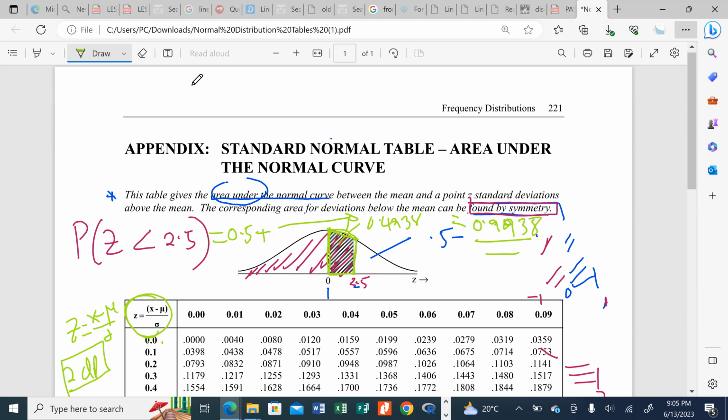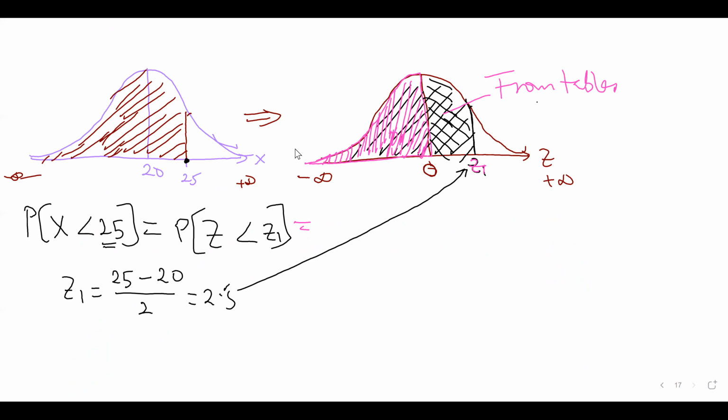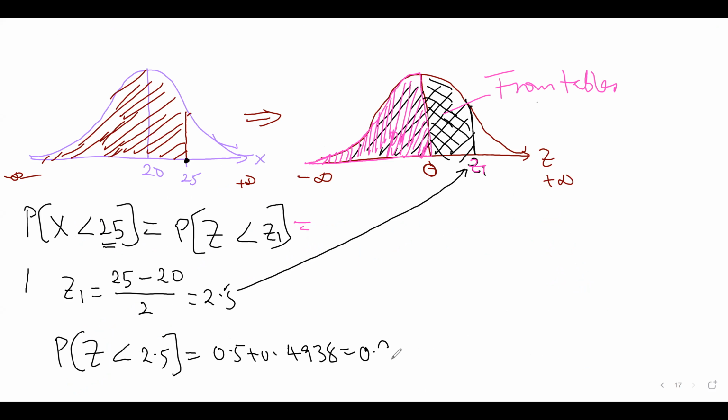So let's go back to the question. We are saying that the probability that Z is less than 2.5, that's what we're looking for, is 0.5 plus 0.4938, which is 0.9938.